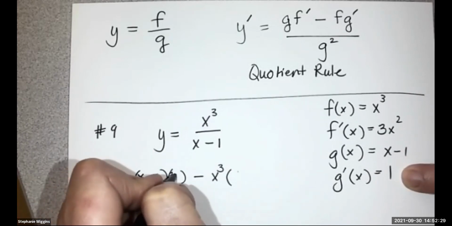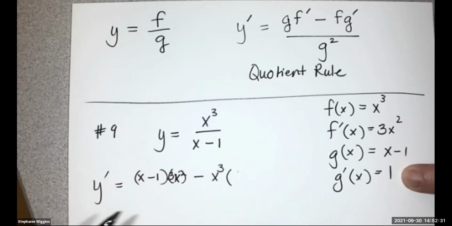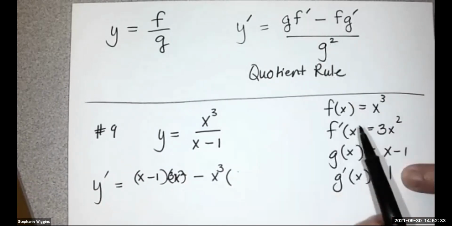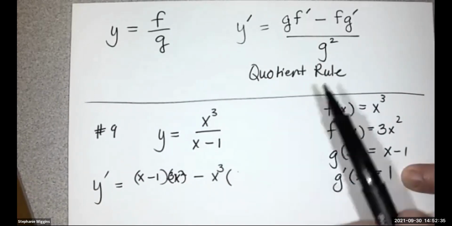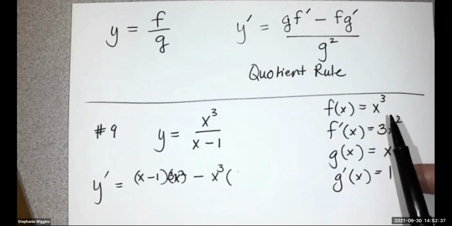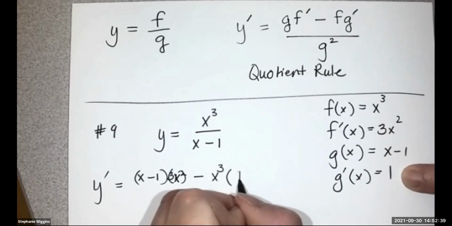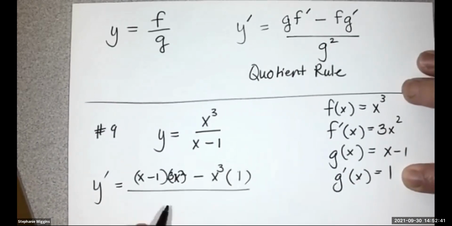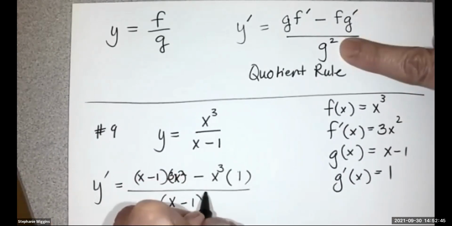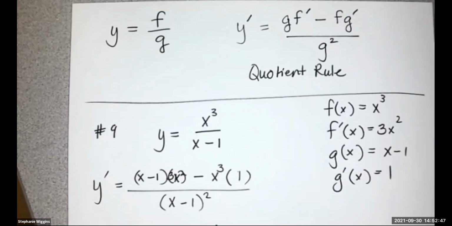So this one is 3x squared, that's the f prime right there. And then we have f, which is x cubed, times the derivative of the bottom. Then you take the bottom function, x minus 1, and you square it. Now, if it's just a free response, you can just leave it like that as your answer.